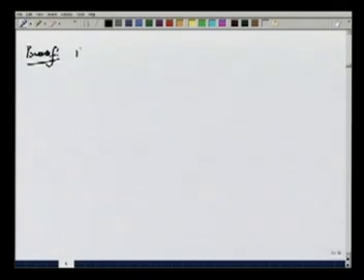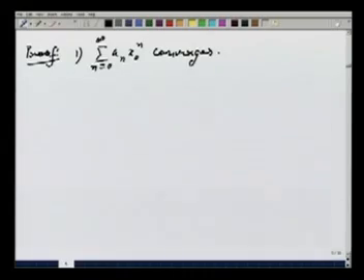So first I try to prove 1. So what I know that summation n from 0 to infinity a n x naught to the power n converges. That is my hypothesis. And if an infinite series converges, then its terms have to be bounded, because I know that after some stage all the terms go to 0, and before that stage there are anyway finitely many terms.